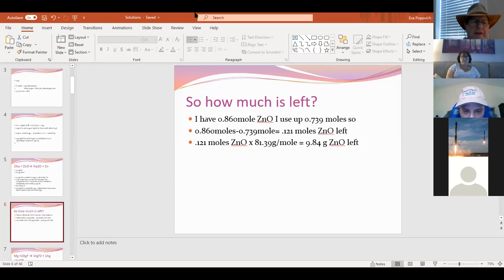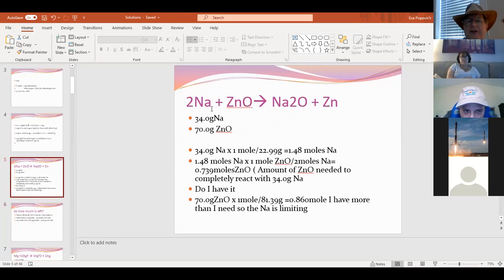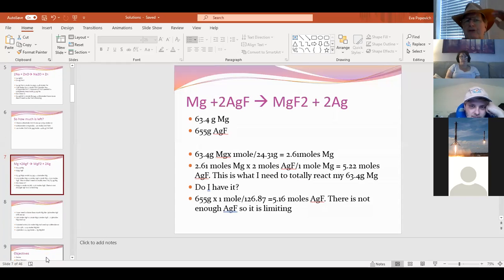All right. Now, when I did this problem, I happened to get lucky. I happened to pick the limiting reagent as the one I picked to figure out how much of the other reagent I needed. What happens if I don't pick the right one?